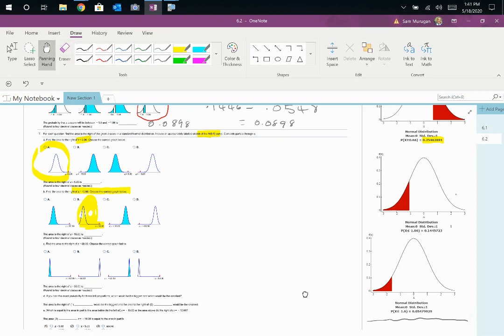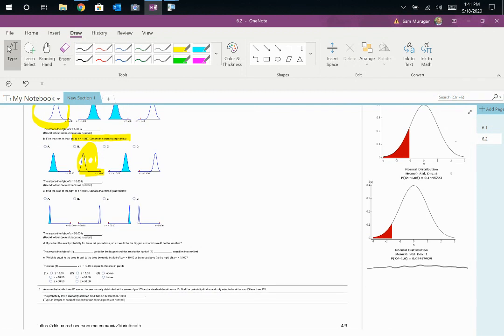And then it's just find the area to the right of 50. I hope you can see where this is going. To the right of 50 would be this graph right here. Notice we can't use A because A is shaded to the left.